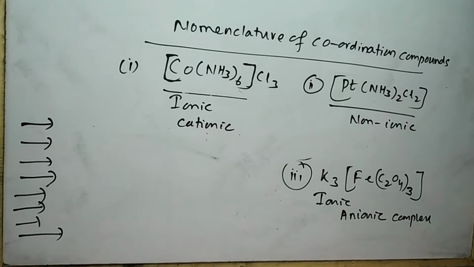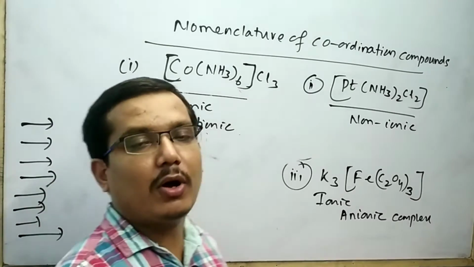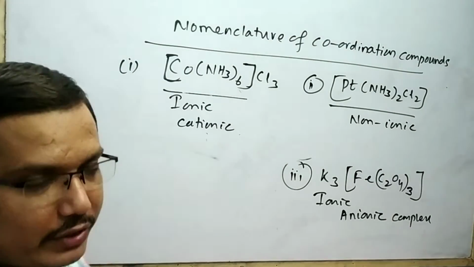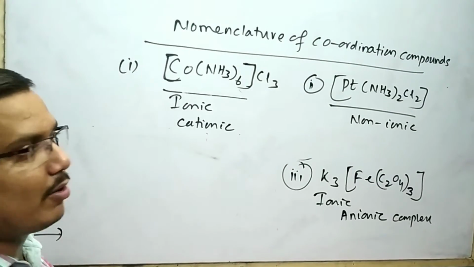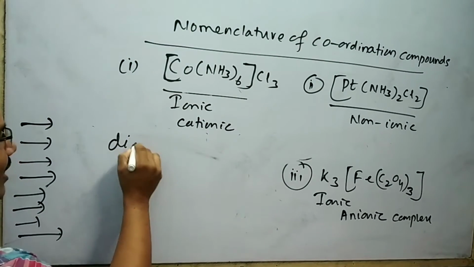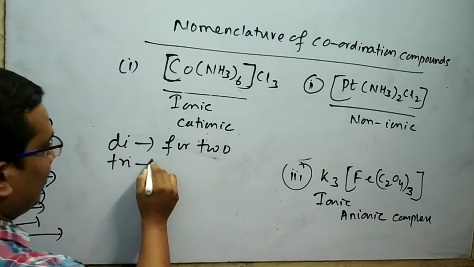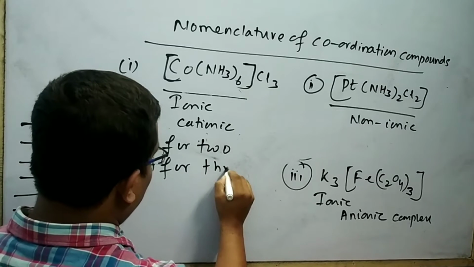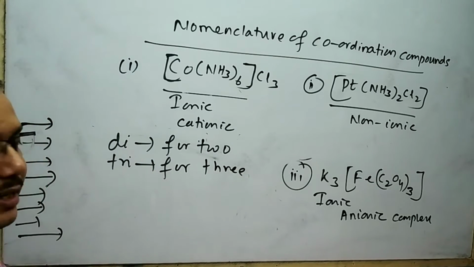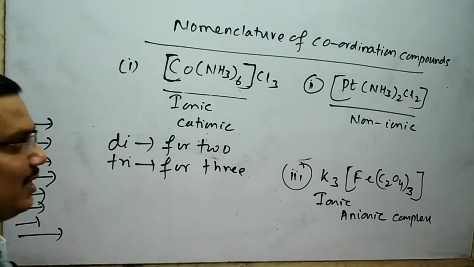The next rule is if two or more same type of ligands are present in a coordination compound, then it is bound to write the prefix di for 2, tri for 3. You can also write tetra, penta, hexa like this.